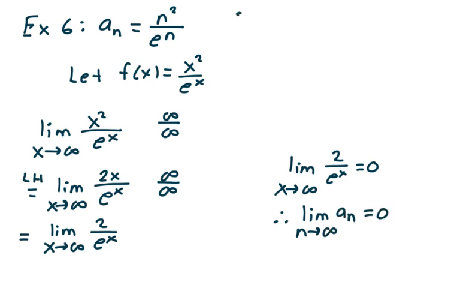And so what that tells me is that the sequence a sub n must converge to 0. And that's how that works. Now, with that, let's take a look at example 7.